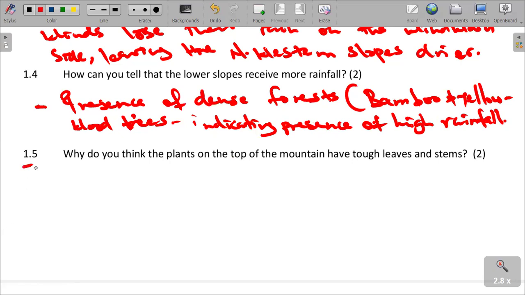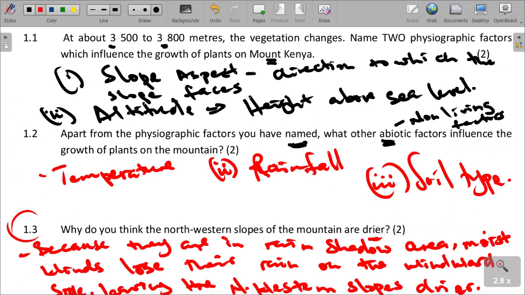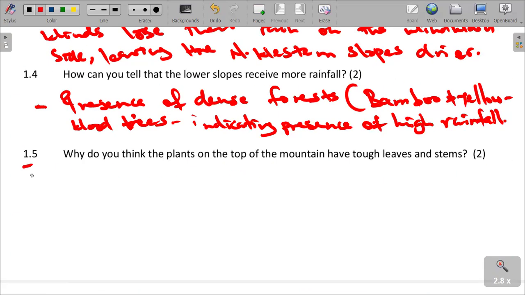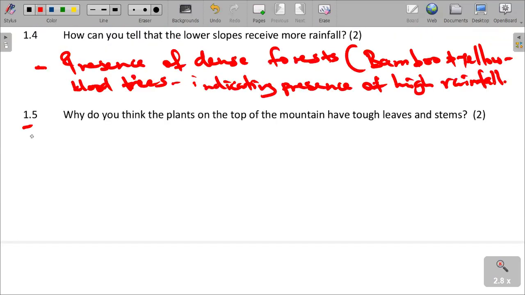And then, why do you think the plants on top of the mountain have tough leaves and stems? The trees that grow on top of the mountain have tough leaves and stems.